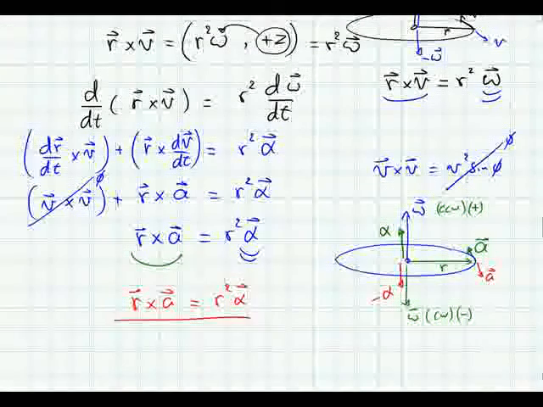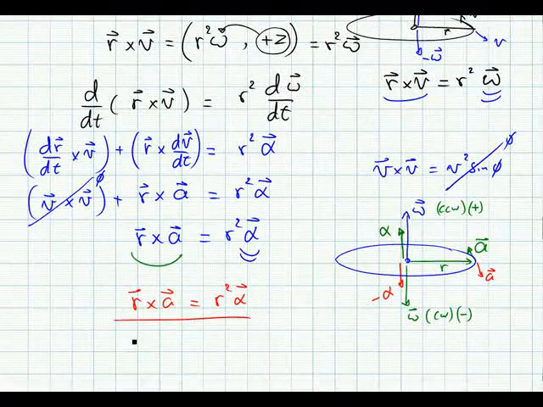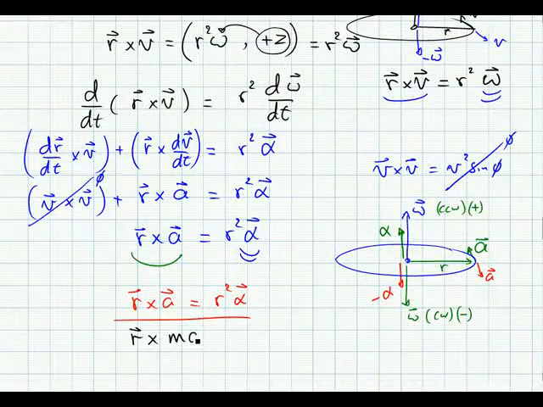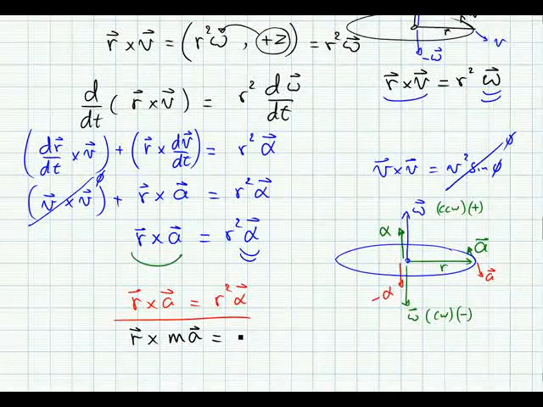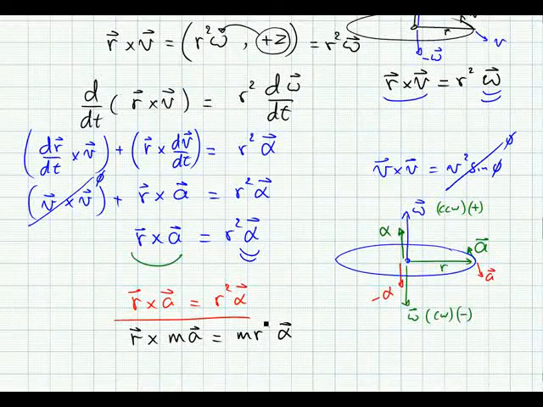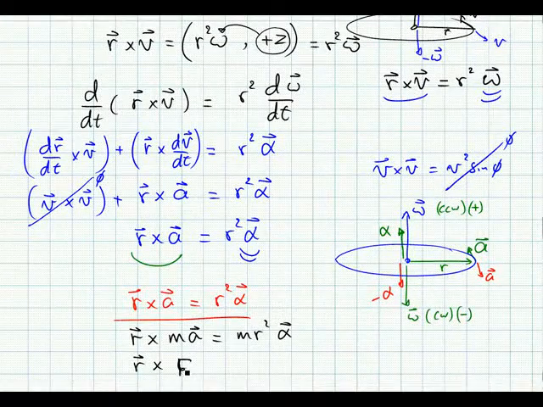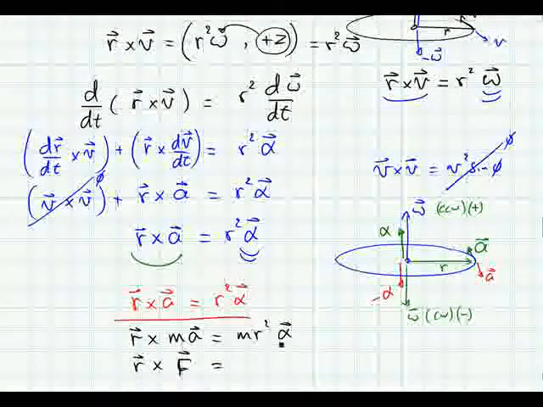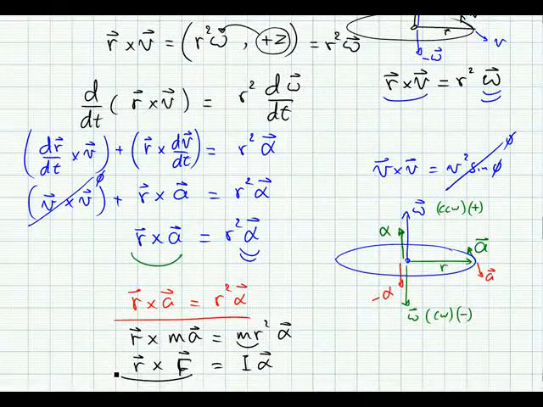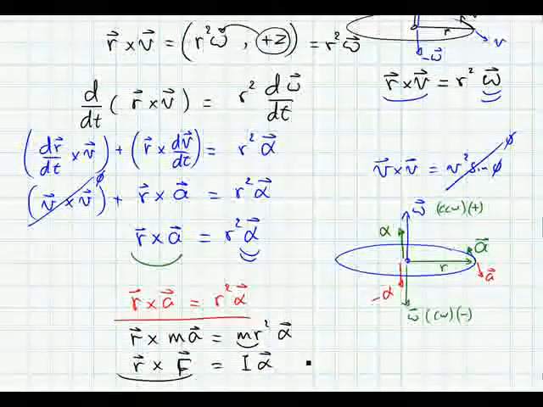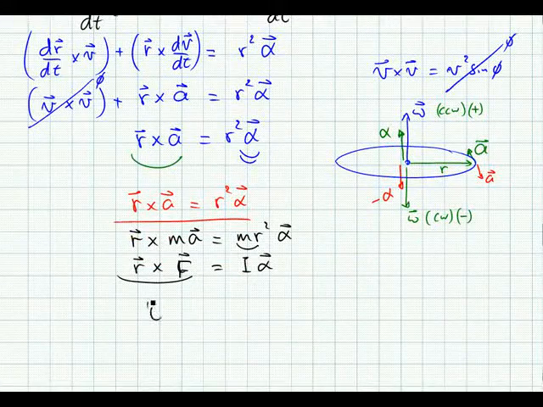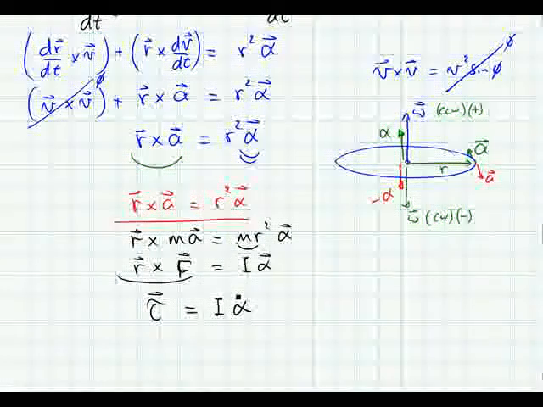Now I can go ahead and multiply this equation by mass, in which case I end up with r cross ma is equal to m r squared alpha. ma is force, so I end up with r crossed with force vector is equal to, well, m r squared we defined as moment of inertia, times alpha, and recall that r crossed with force we had defined as torque, so we end up with torque is equal to I alpha.